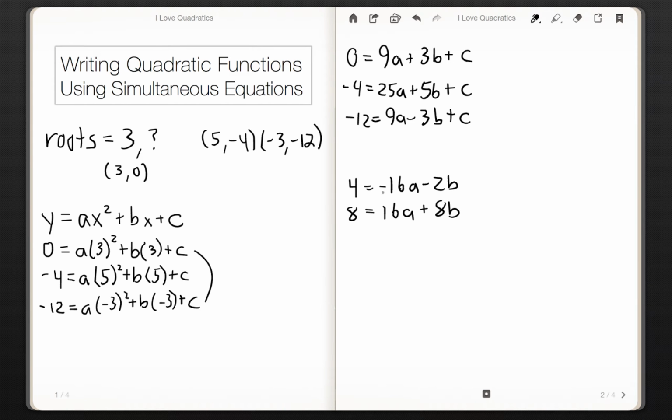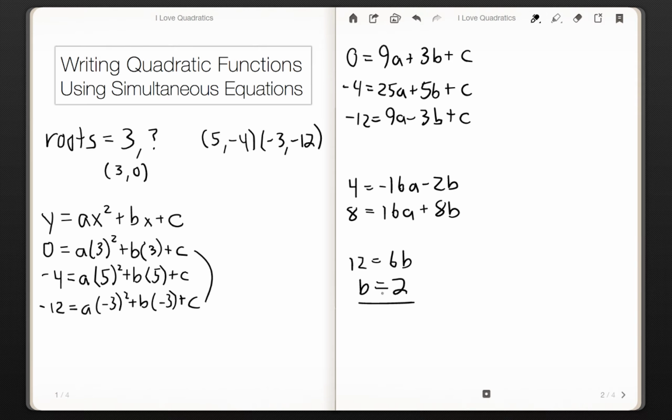So now, if we look here, we see we have a -16a and a 16a. So we can just add these 2 equations together to get rid of the a's. So now, if we add them, we'll get 12 equals, the a's are gone, negative 2b plus 8b is 6b. So b equals 2. There we go.